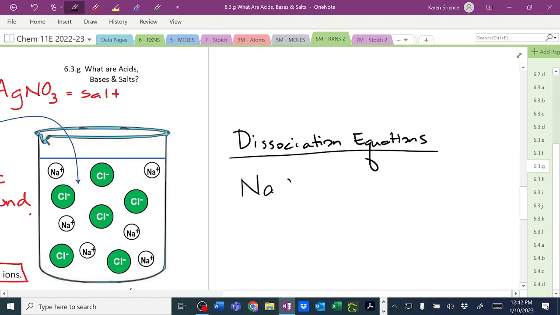If I have NaCl, which is a solid, and then I dissolve it in water, so I'm just going to put the water there as dissolve in water.